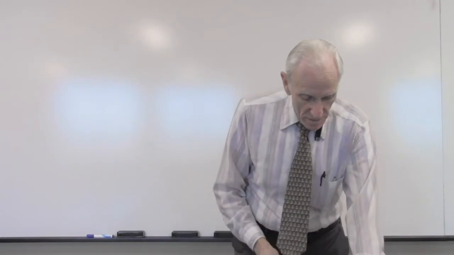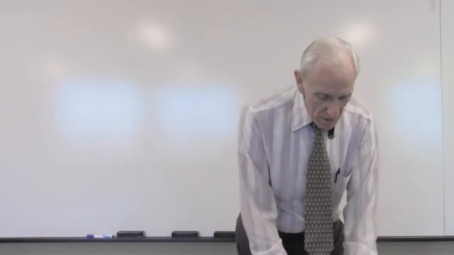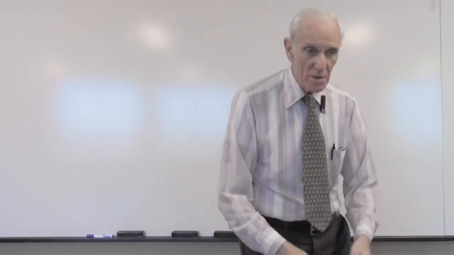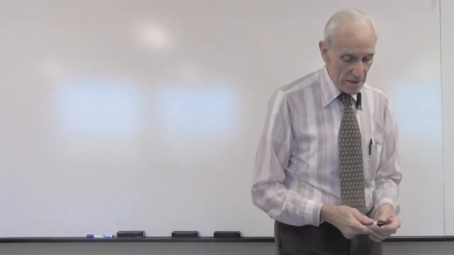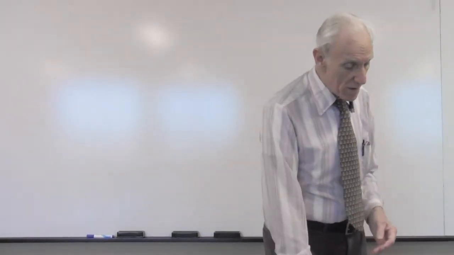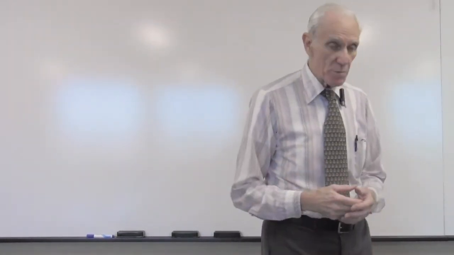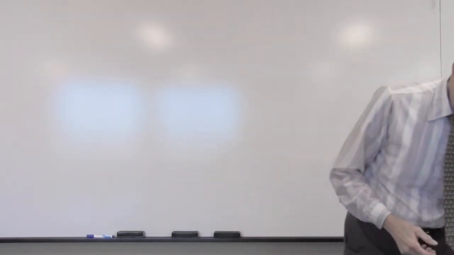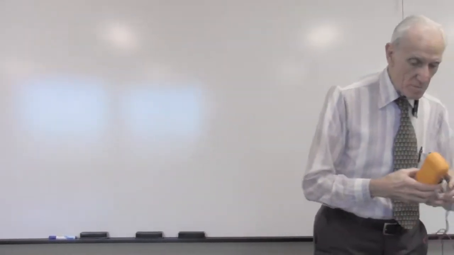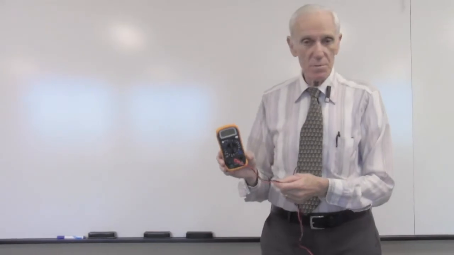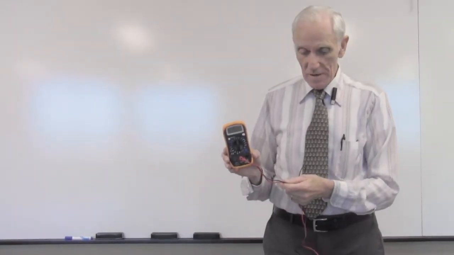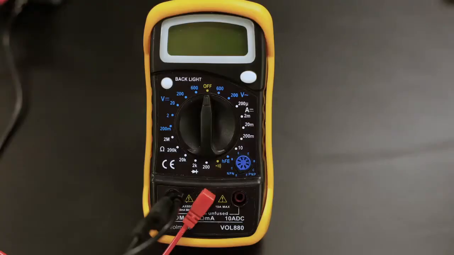So we'll try to not use analog meters unless they come with the piece of equipment that we're using. We will sometimes replace analog meters by a digital meter. This is the digital meter you'll be using in this lab. I think it's the one you've already used when we did the expansion experiment to measure the resistance of the thermistor, if you may remember that.